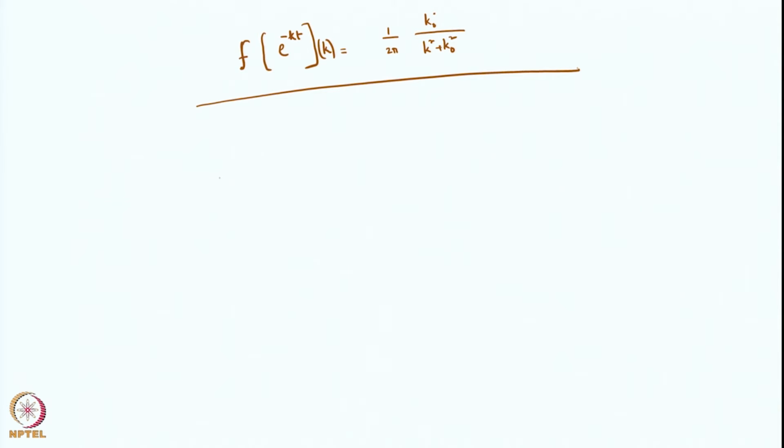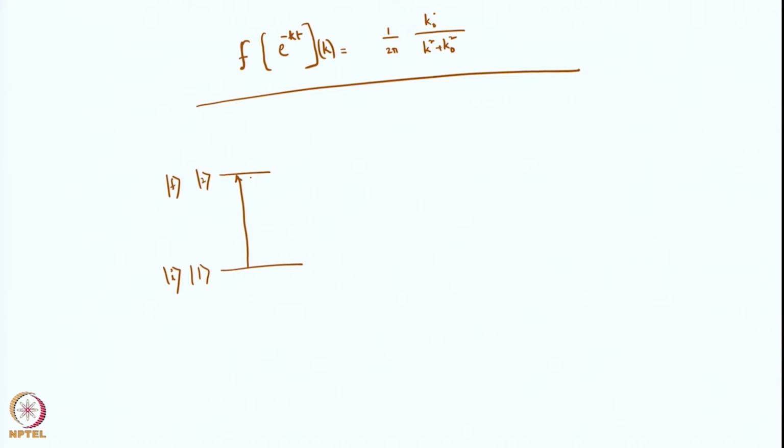Now, let us suppose you have an excited state and a ground state. I can call the initial state 1 or i, and the other 2 or f. Now, excite, go here, and the population.